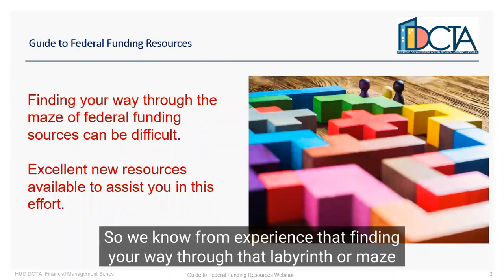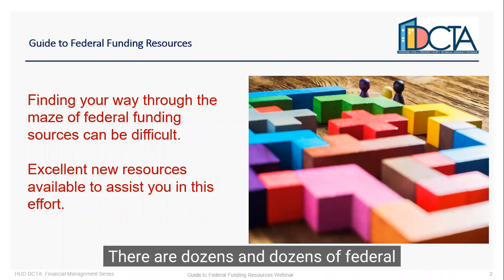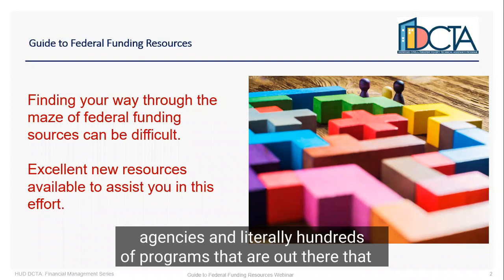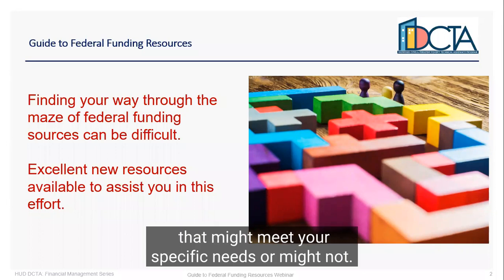So we know from experience that finding your way through that labyrinth or maze of possible federal funding sources can be a difficult process. There are dozens and dozens of federal agencies and literally hundreds of programs out there that might still be active or might not be, that might still be funded or might not be, that might meet your specific needs or might not.